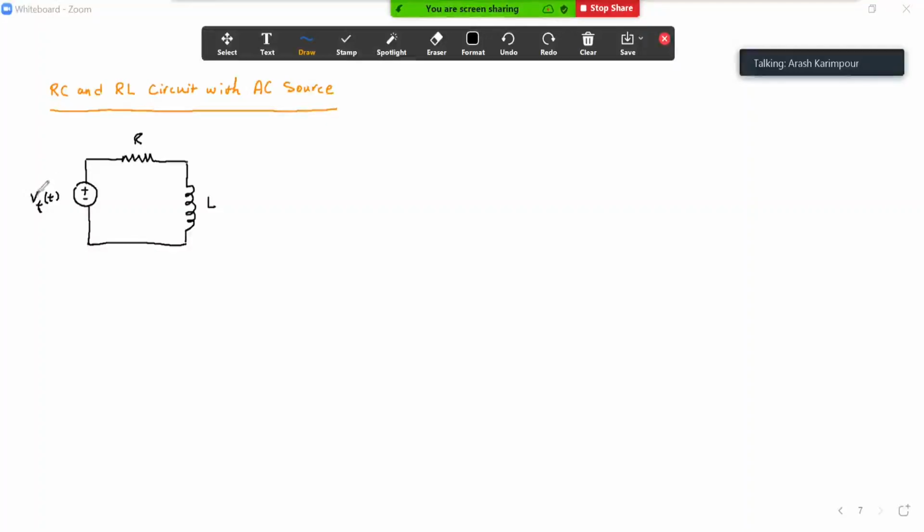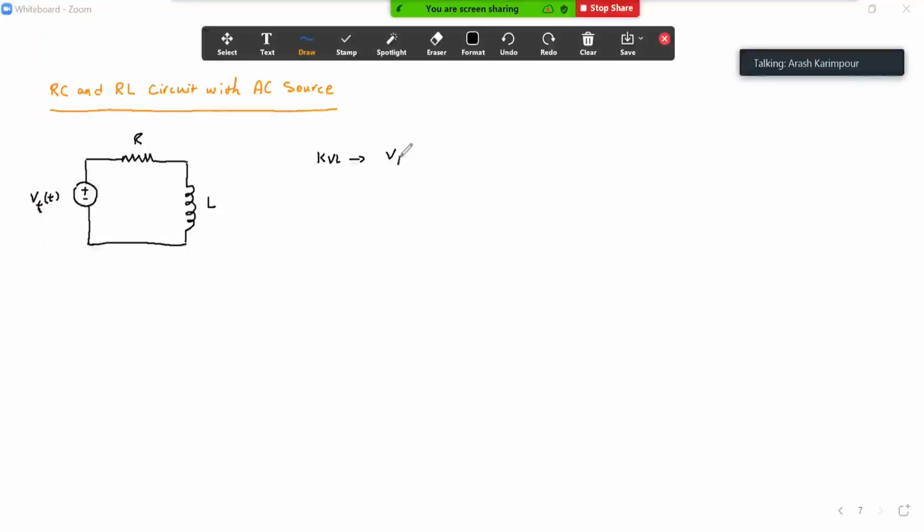So for this circuit, I can go ahead and write the KVL. The KVL tells me that the voltage sum in this circuit should be 0.